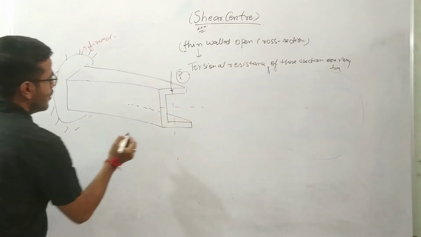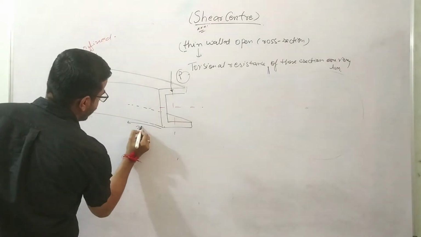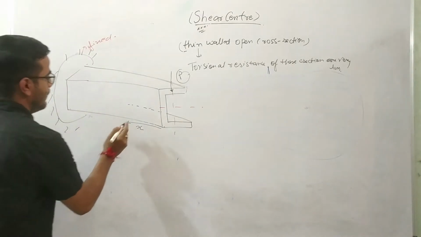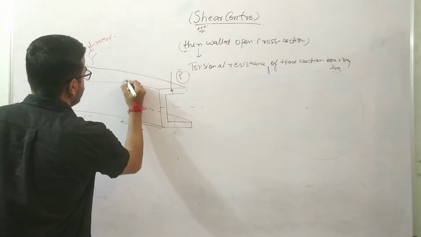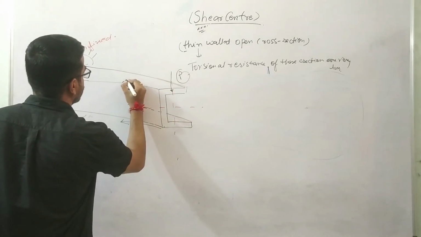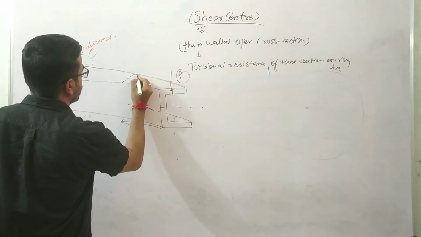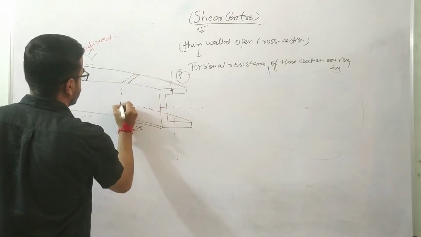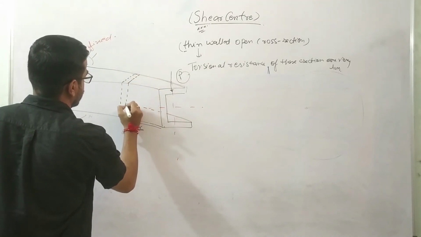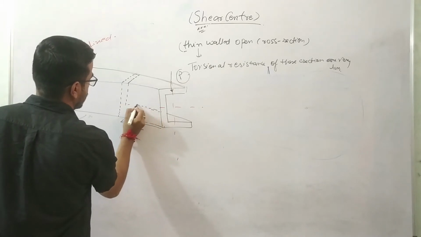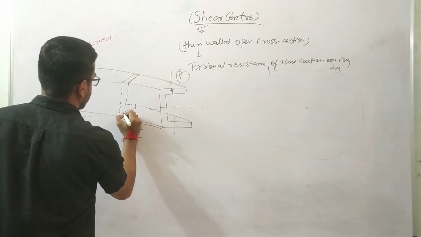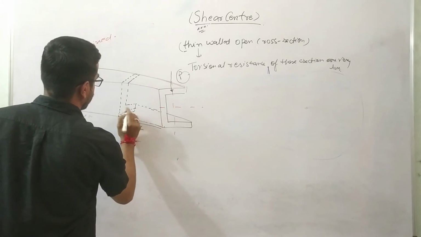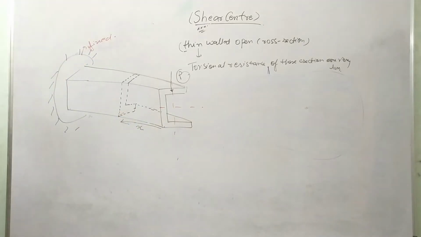Now I am taking a section at a distance of x.